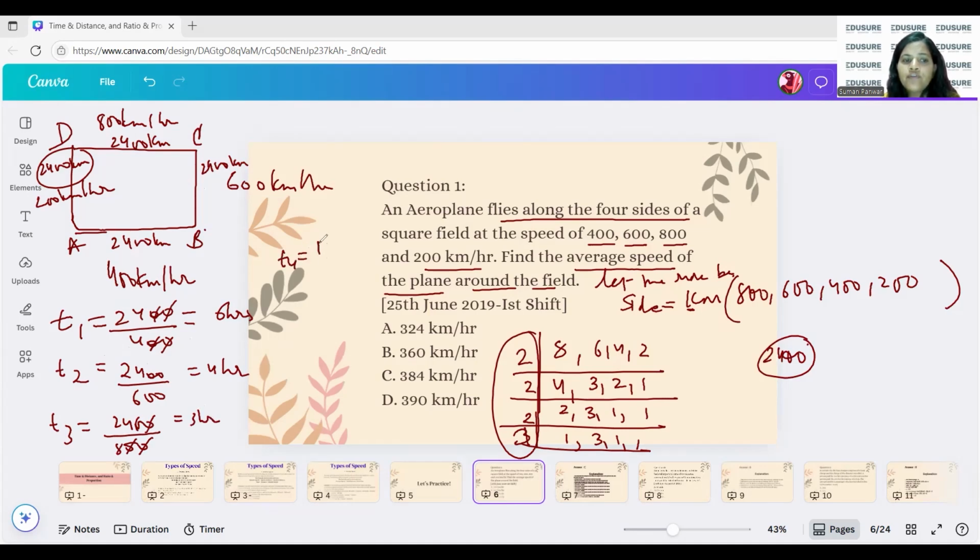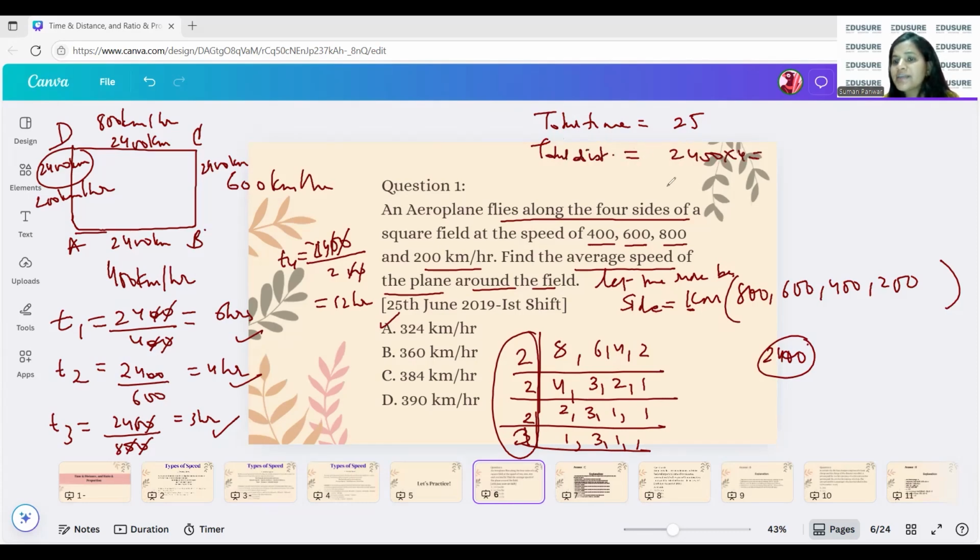And then time taken for the fourth one will be 2400 divided by 200, which is the speed. So that is 12 hours. So total time is 6 plus 4, 10 plus 3, 13 plus 12, 25. And total distance is 2400 into 4. That is the perimeter of the square, 9600.